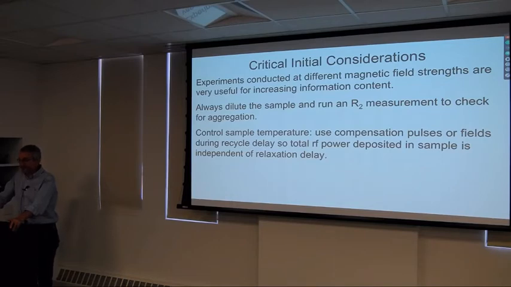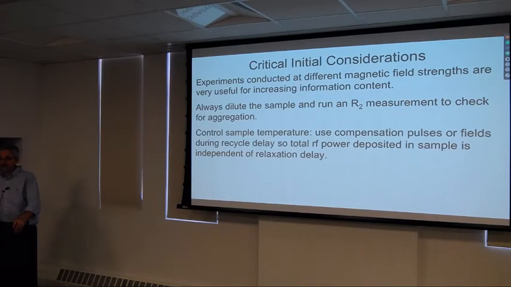So modern experiments all try to include compensation pulses. During the recycle delay between transients, while the system is relaxing back to Boltzmann equilibrium before the first 90-degree pulse, pulses will be included in order to allow a constant deposition of RF power.